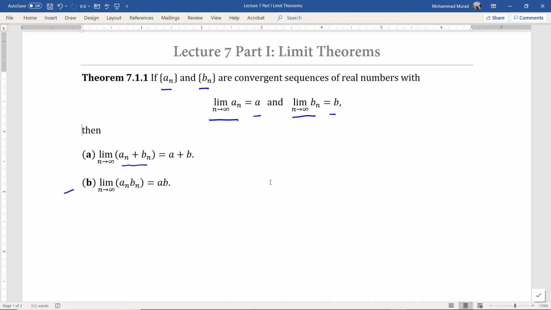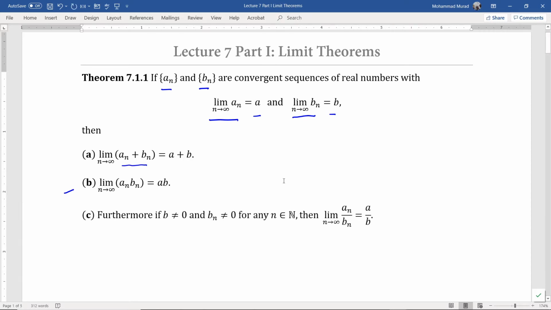The limit of a sub n times b sub n as n approaches infinity equals a times b. In other words, the limit of the product of sequences equals the product of their limits. Furthermore, if b is not equal to 0 and b sub n is not equal to 0 for any n, then the limit of the quotient a sub n over b sub n is equal to a over b.